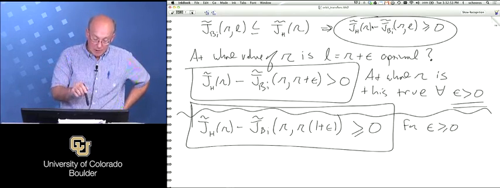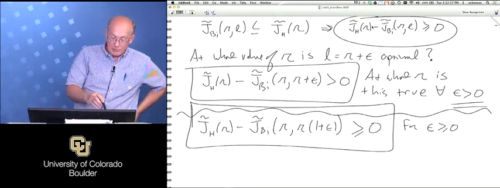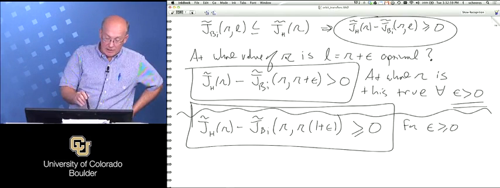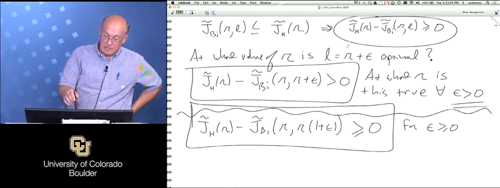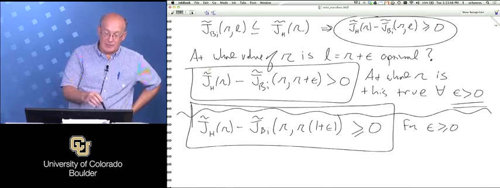And the way we had posed this right before we left off was if we're just at a value of R, and if we increase this L to be R plus some very small epsilon, when is this sort of a transfer optimal?